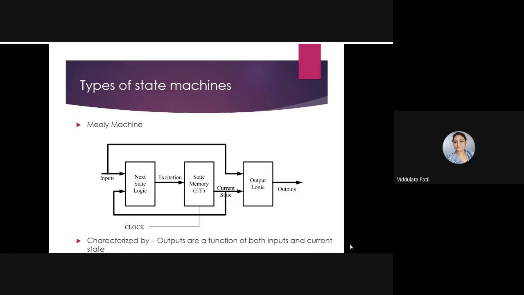Okay, so here the Mealy machine is characterized by outputs as a function of inputs and current state. Okay, so whatever the current state is, the output will be dependent on that. Okay, so here you can see it is the next state logic that is dependent on the input as well as the current state.